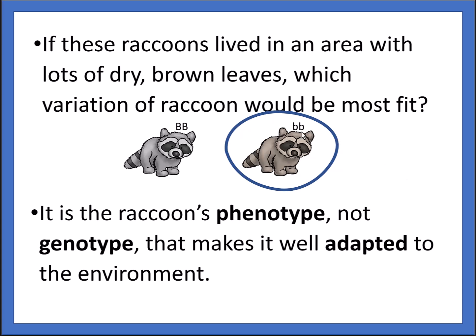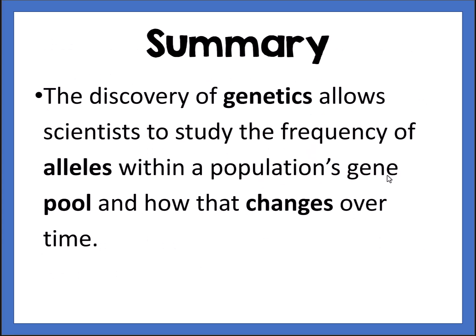Its genotype, as a reminder, is little b, homozygous recessive, but that doesn't make it well adapted to its environment. It's its actual phenotype, what it looks like, that is going to change how it interacts with its environment. In summary, this discovery of genetics allows scientists to study the frequency of alleles within a population's gene pool and how that changes over time.